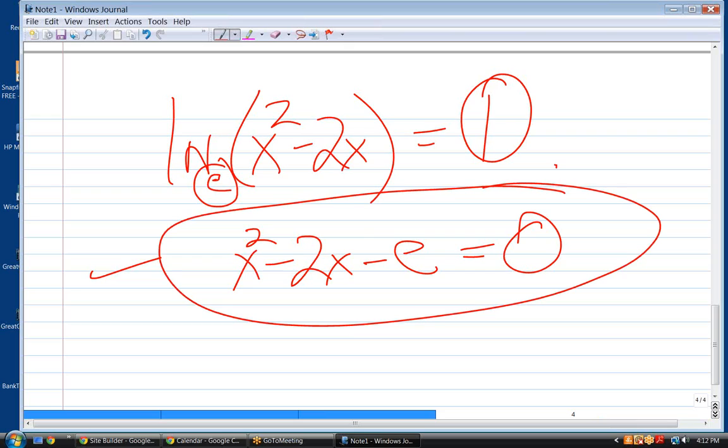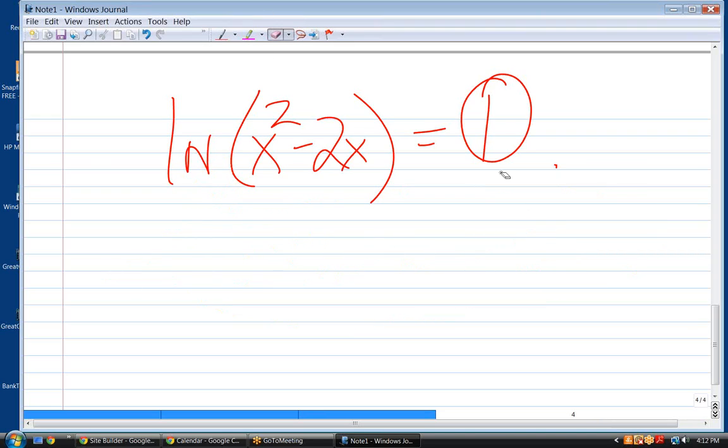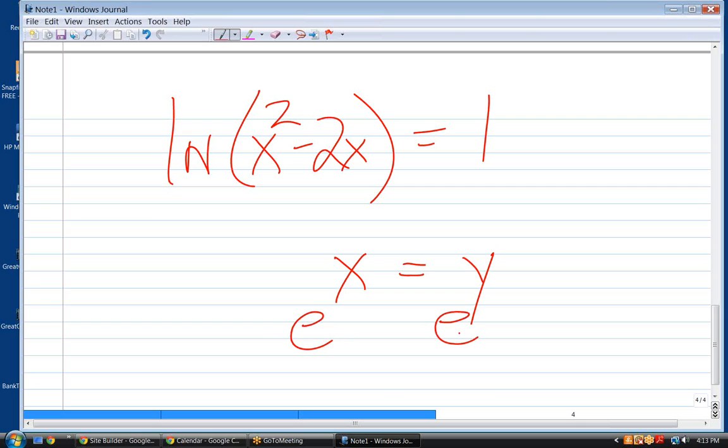Never seen that before. Now, there's another way to look at this when I have it like this. And that is, how do I describe this? This is always tough to describe. Let's say I have x equals y as an equation. Well, I can take e to the x power and let it equal e to the y power. In other words, the left side is now e to the x, the right side is now e to the y.